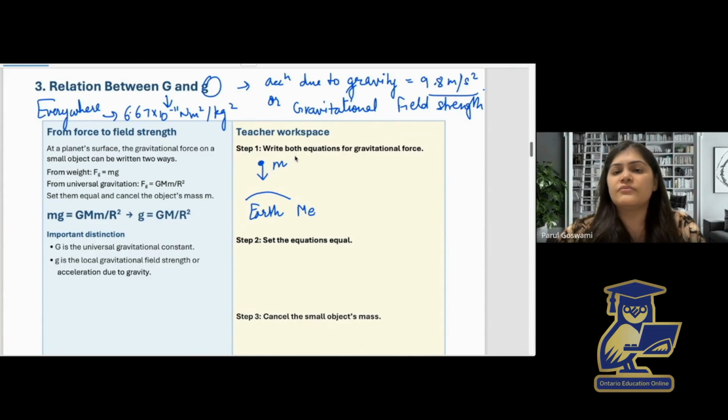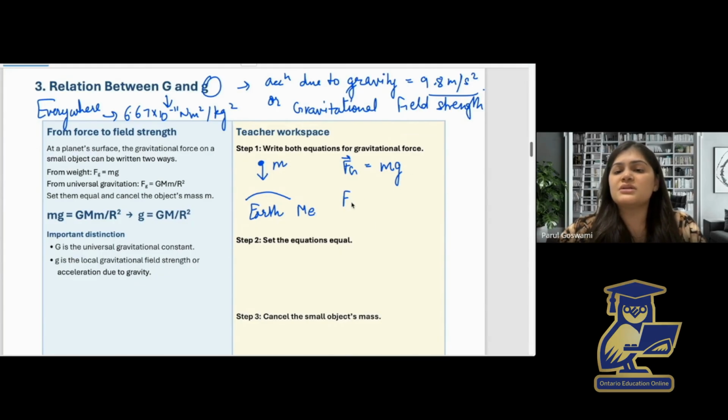So we have to write what forces are acting on m. As we know, the gravitational force acts on m, and that force can also be written as per Newton's second law of motion, m times acceleration. Since it's acceleration due to gravity, I will write Fg equals mg.